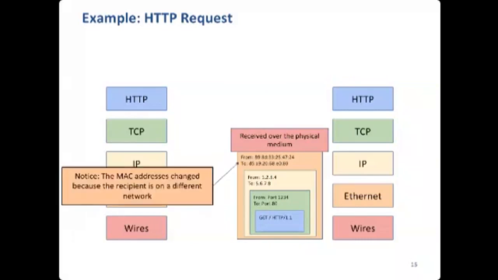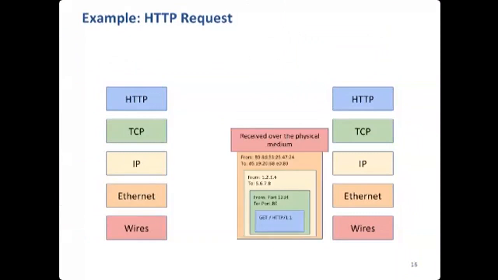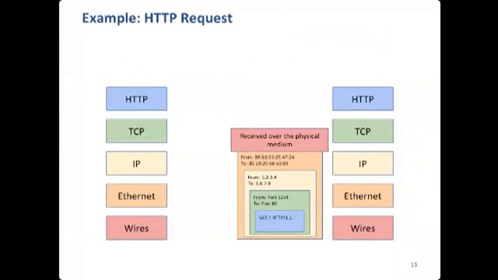Now we can see that the MAC address has changed here from the previous MAC address. The MAC address here is very different. What is the reason for that? Because there may be multiple routers in between, and layer 2 of that is Ethernet.